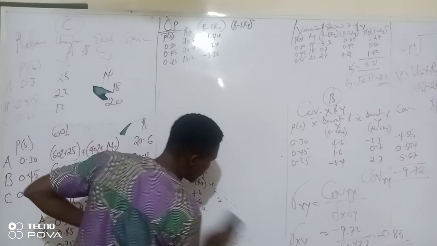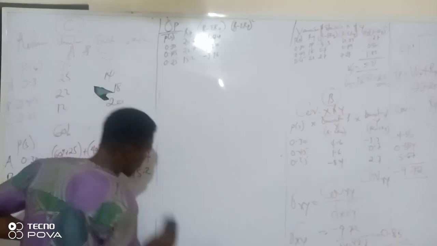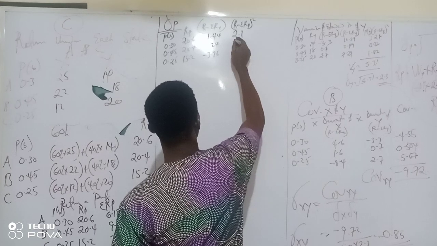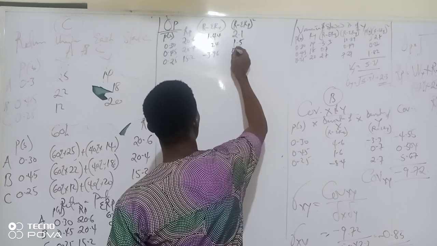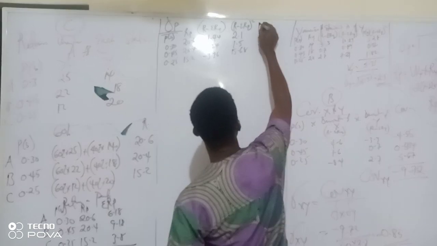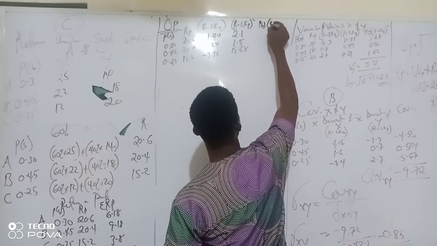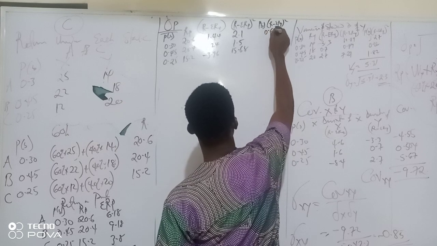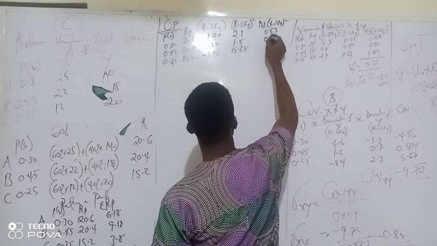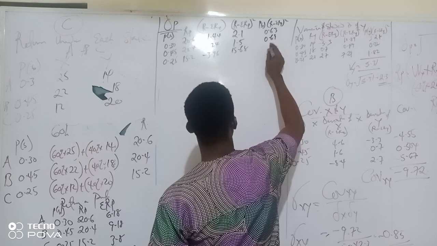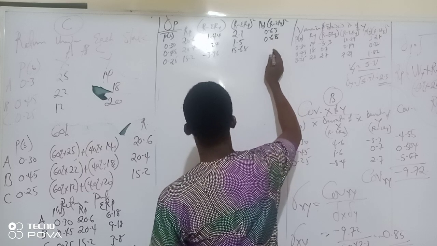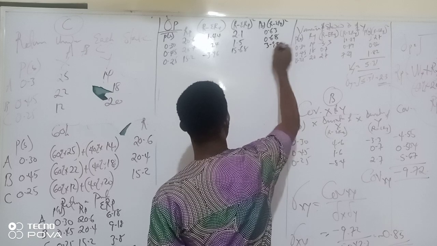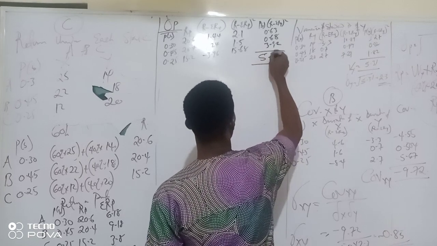2.01, 2.1, next one 1.5, 15.68. Get the probability times the squared deviation: 0.63, 0.69, 0.68. We get 3.92, and the total now is 5.23.